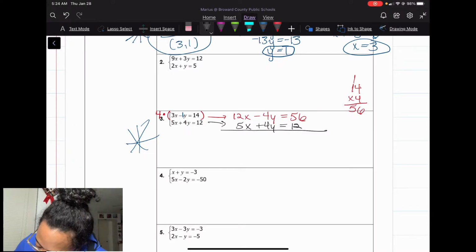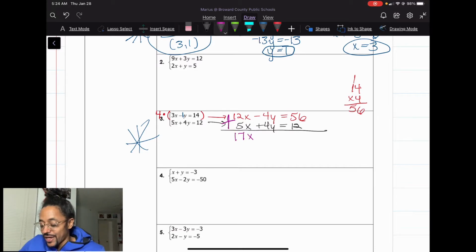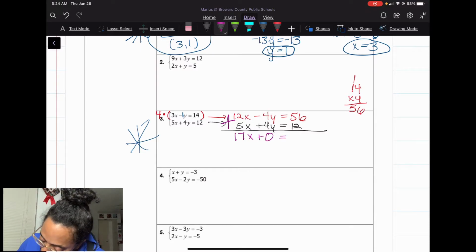So we can go ahead and add. So when I add positive 12x and positive 5x, I get 17x. When I add negative 4y and positive 4y, that gives me 0. And when I add 56 and 12, that makes 68.